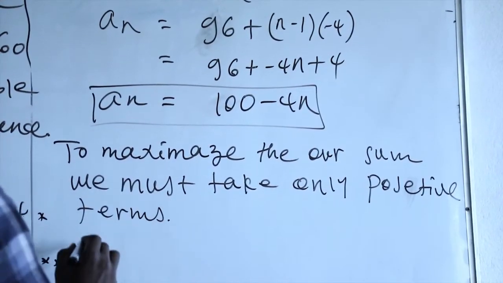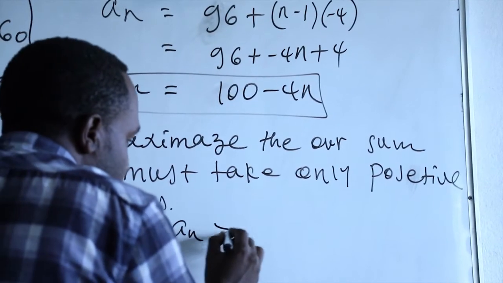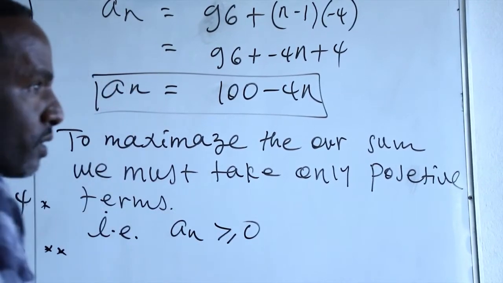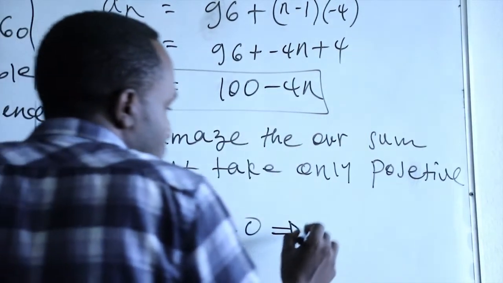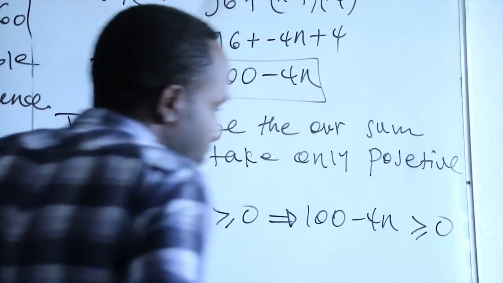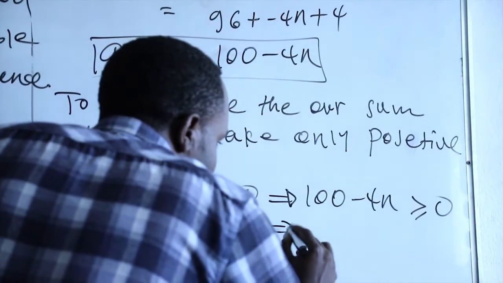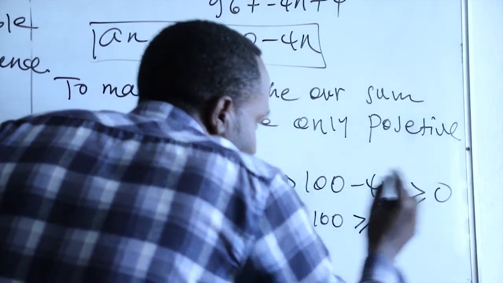That means AN should be greater than or equal to 0. So this implies that AN, already calculated as 100 minus 4n, should be greater than or equal to 0. When we calculate it, 100 should be greater than or equal to 4n.